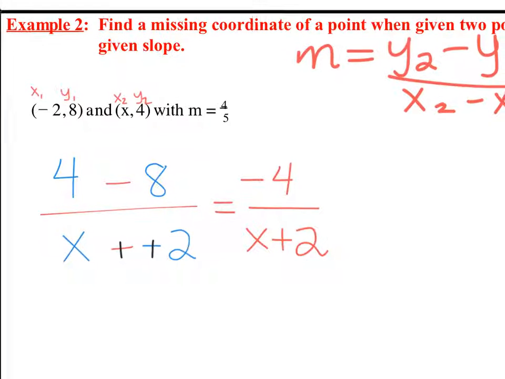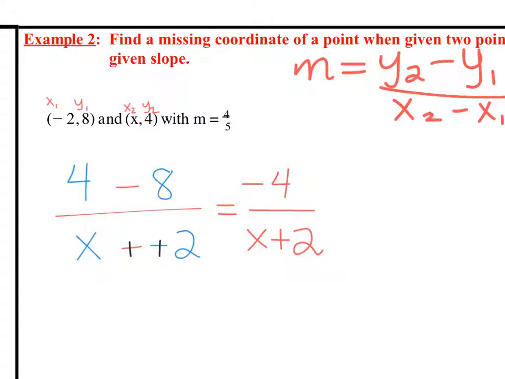And that is equal to the slope, which you were given already. The slope is 4/5. So you have to set this equal to 4/5. This is a proportion, is what we call it.